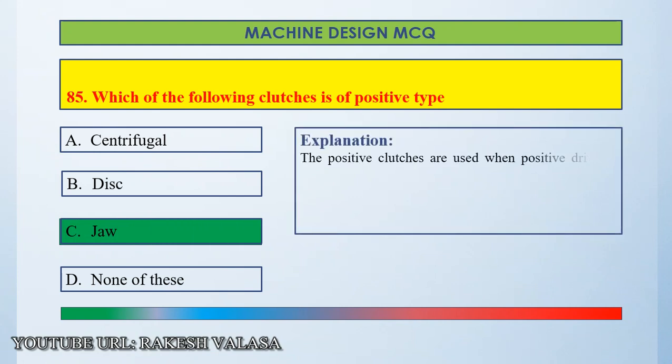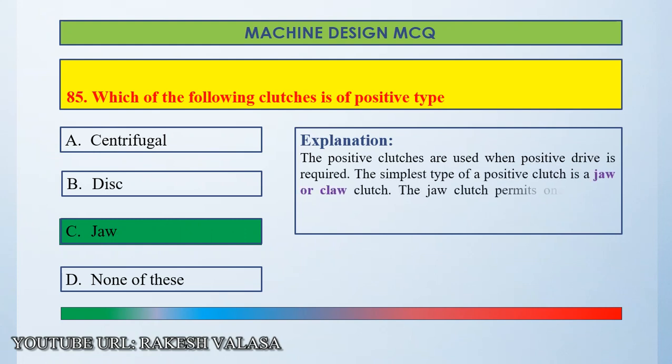Positive clutches are used when positive drive is required. The simplest type of positive clutch is a jaw or claw clutch. The jaw clutch permits one shaft to drive another through a direct contact of interlocking jaws. So the correct answer is option C, jaw clutch.